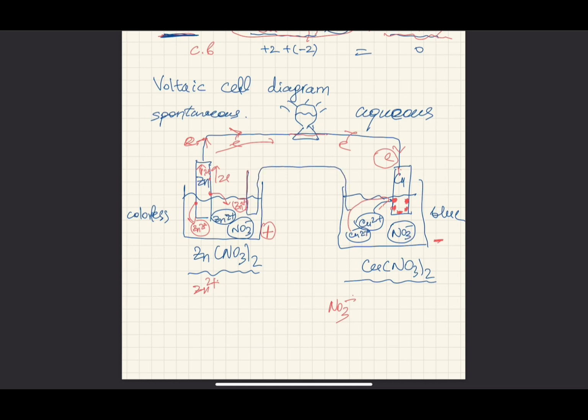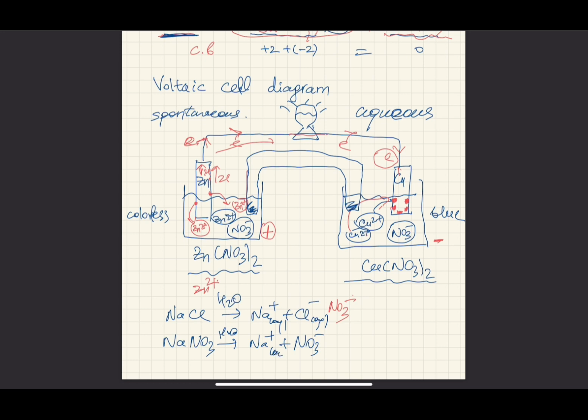A salt bridge with the cotton endings in here. Okay, and inside the salt bridge I can either use sodium chloride or sodium nitrate. The solution, I just dissolved it inside the water. Now I have sodium plus ion and chlorine minus ion, aqueous, or sodium nitrate inside the water, sodium plus and nitrate minus, aqueous solution.